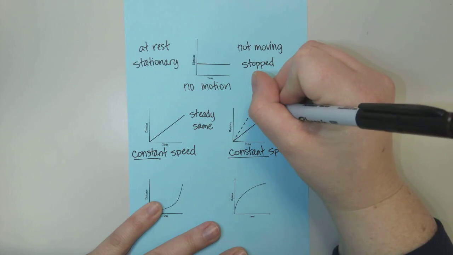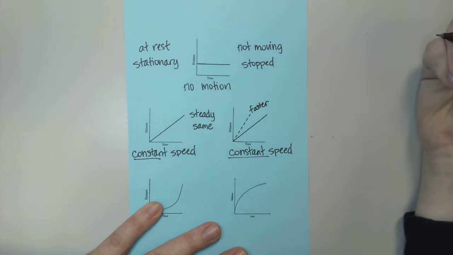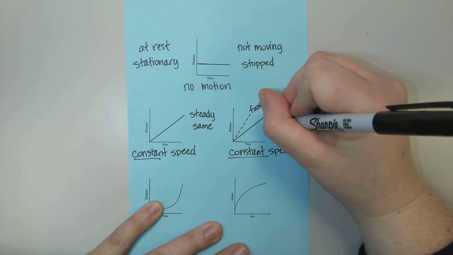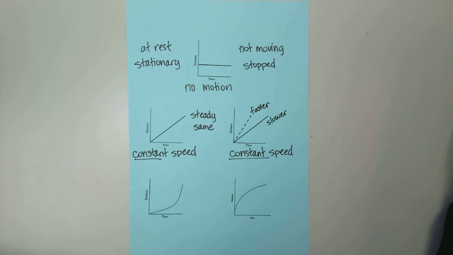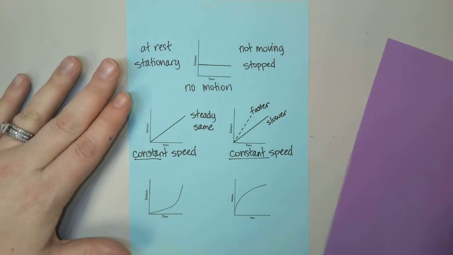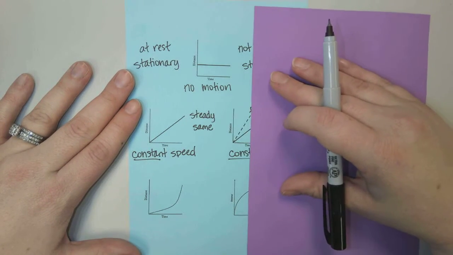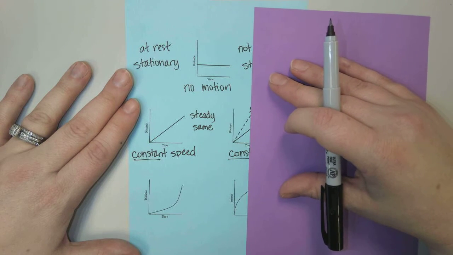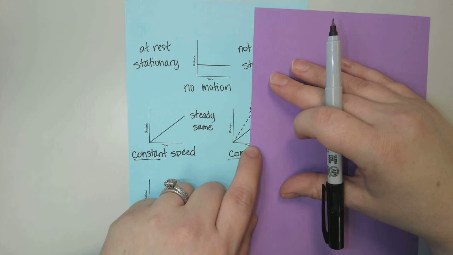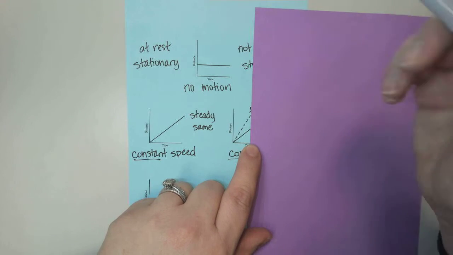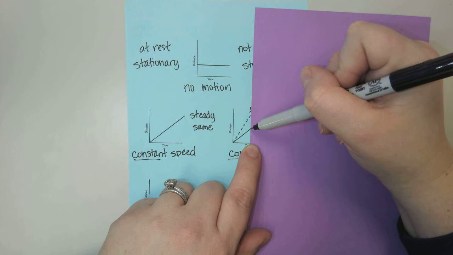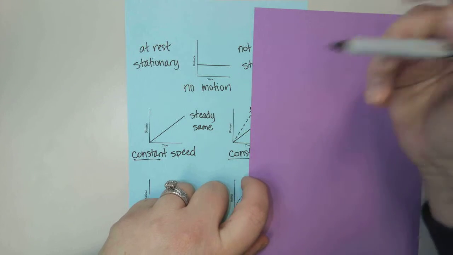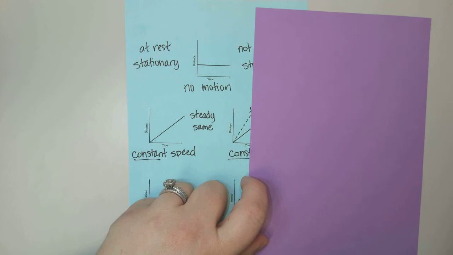So car A with the dotted line was moving faster than car B with the solid line. Another way to think about that is if we pick one point, like right here, the ending point for that first line, who traveled a farther distance? Well, this car did, because this one, say, only made it 20 meters, and this one went 40 meters. If you can travel farther in the same amount of time, you're considered faster.